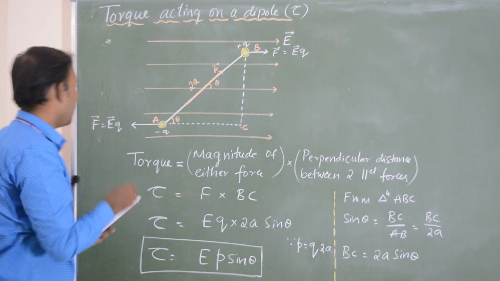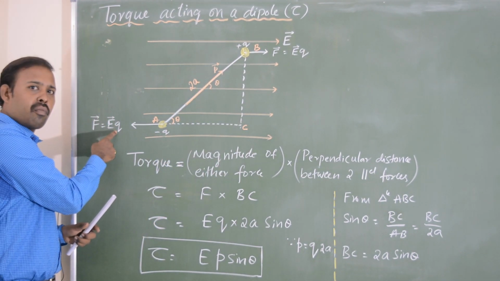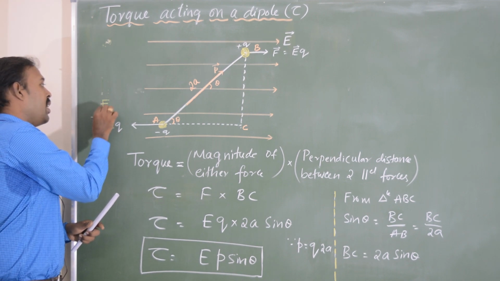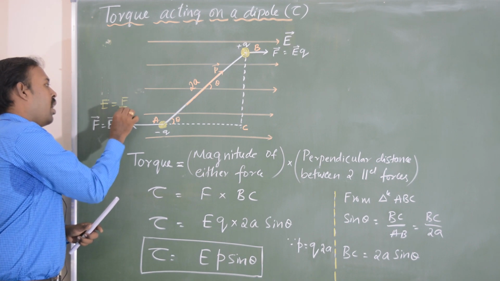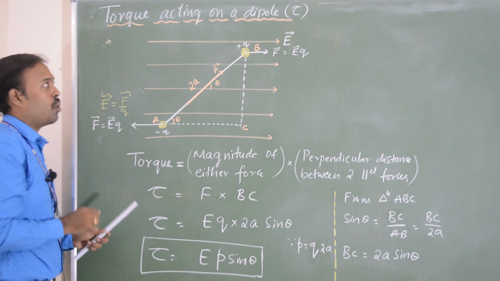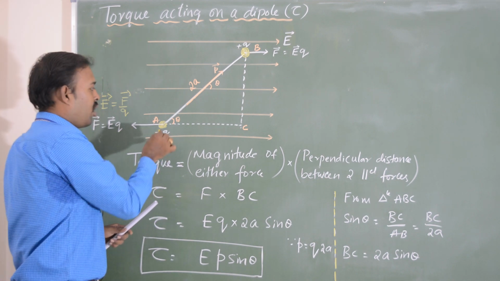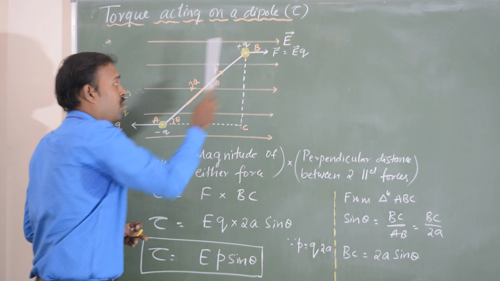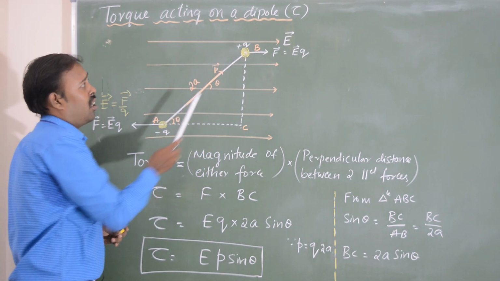We know that E is equal to F by Q, so F is nothing but E into Q. This dipole has two equal and opposite charges, one is plus Q and another is minus Q.